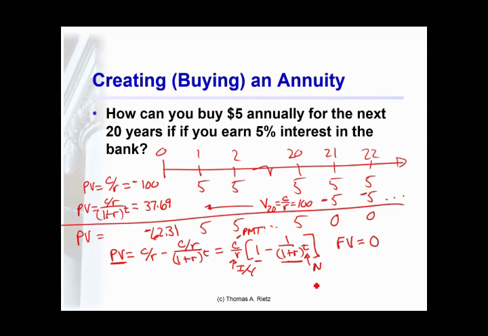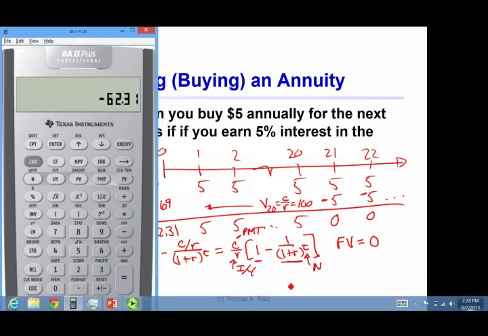So the easy way to solve this is to go to your calculator and use the annuity buttons, which are in this shaded row right here. This is a 20 period annuity at 5% interest. Now your calculator uses percentage rate interest, not decimal.